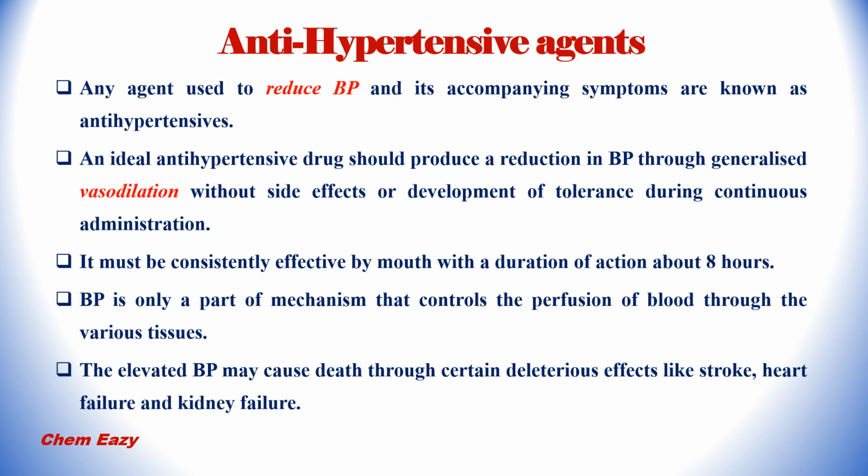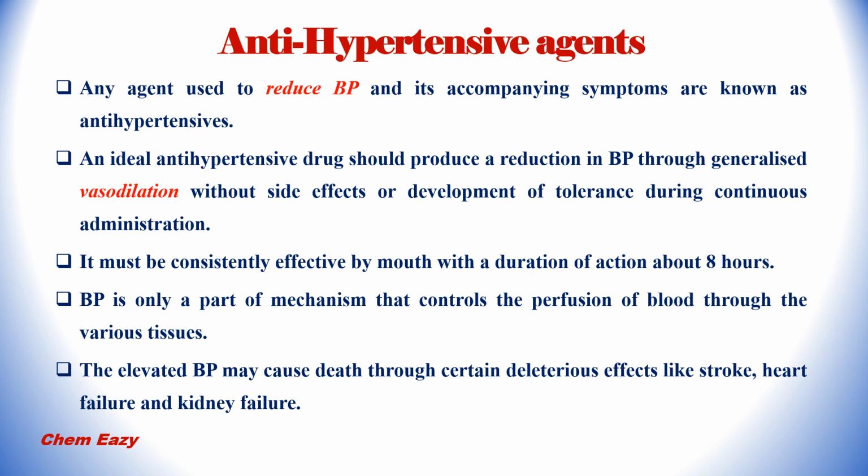Now let us go to our topic, antihypertensive agents. Any agent used to reduce blood pressure and its accompanying symptoms is known as antihypertensive. An ideal antihypertensive drug should produce a reduction in blood pressure through generalized vasodilation without side effects or development of tolerance during continuous administration.